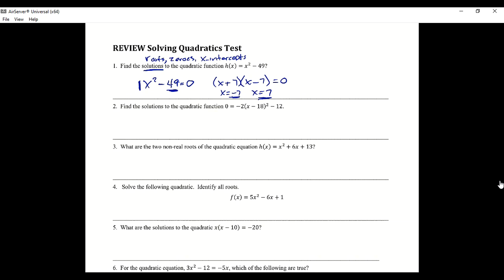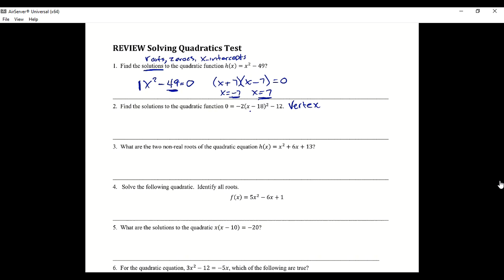Number 2, find the solutions of the quadratic function 0 equals -2 (x minus 18) squared minus 12. Since this is in vertex form, we cannot do the quadratic formula unless we convert it to standard form. We could do calculator, but since it's in vertex form, we can also solve it algebraically.